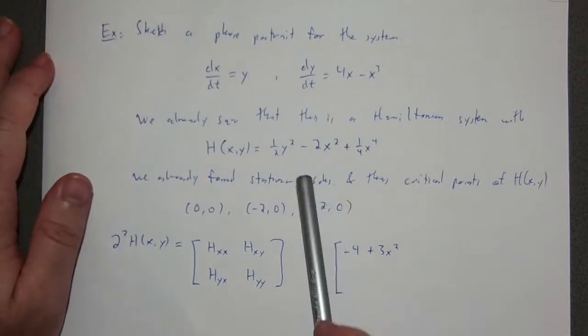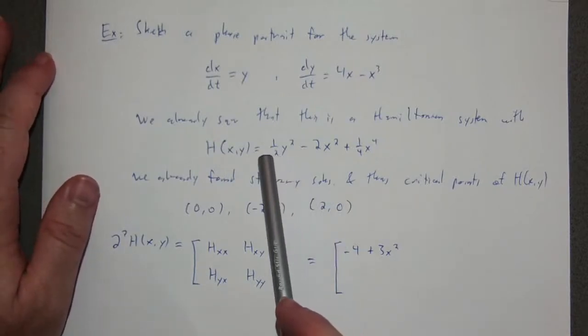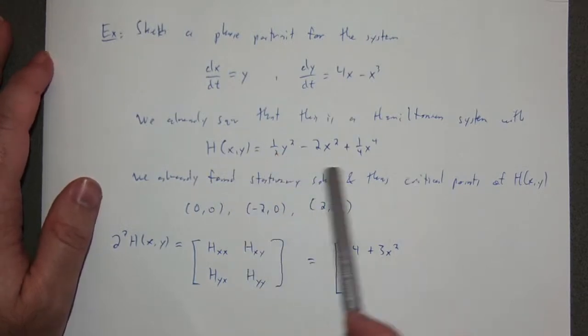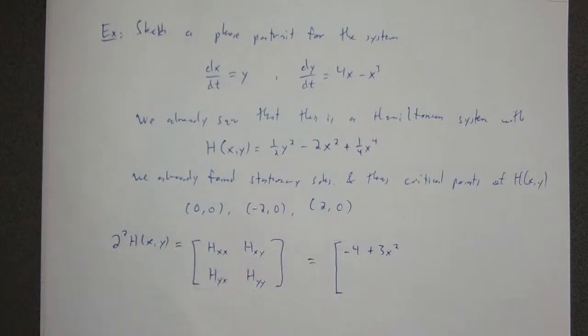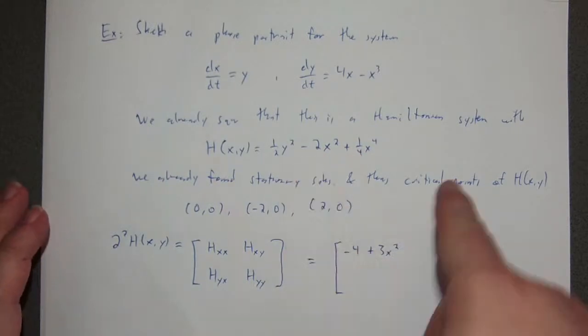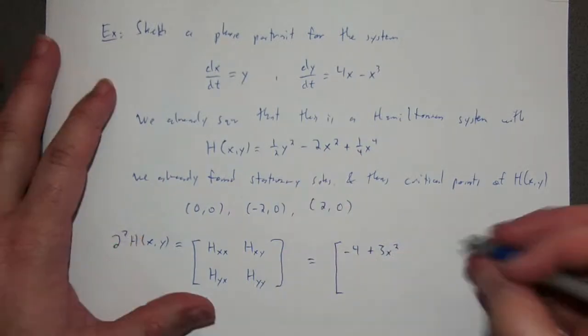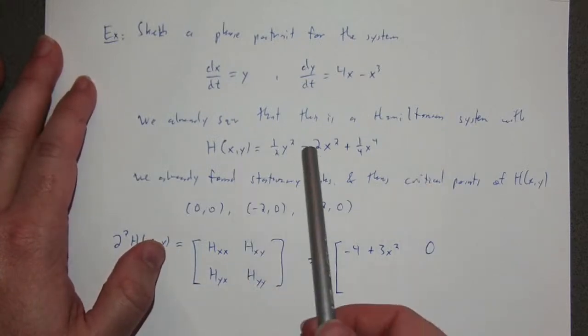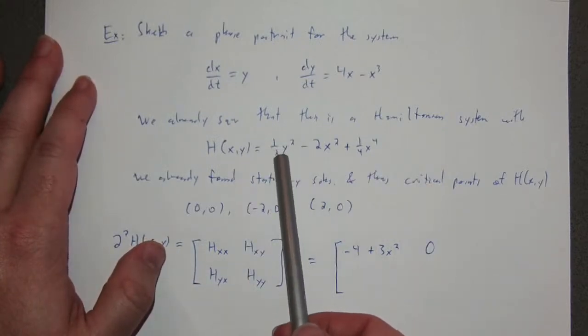If I take the x partial of h, the y term goes to 0 and I get some things in x. Then I take the y partial, I get 0. Similarly, if I take the y partial, these two terms go to 0 and I have only something that depends on y.